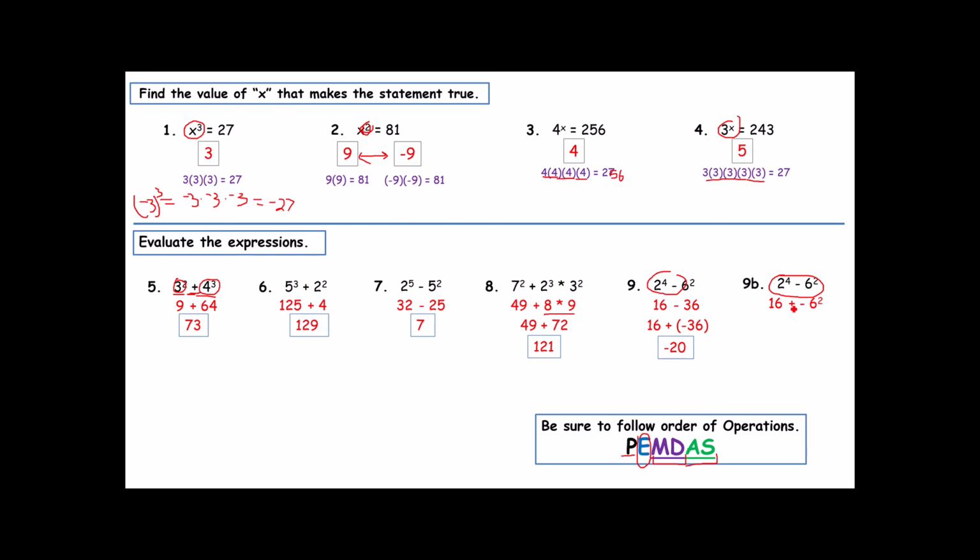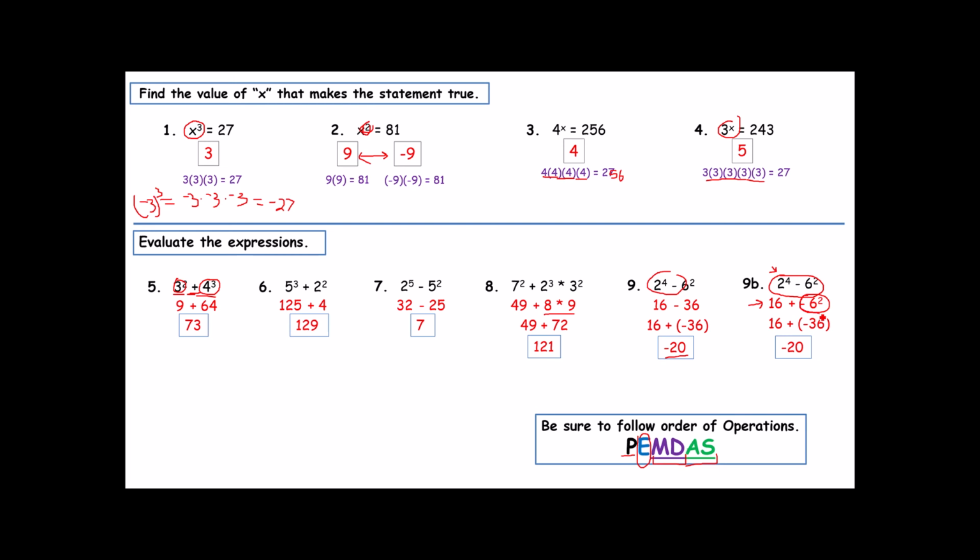The definition of subtraction says that this equation right here, which we already know is negative 20, has to give me the same solution as this, meaning it has to be 16 plus negative 36 to get negative 20.